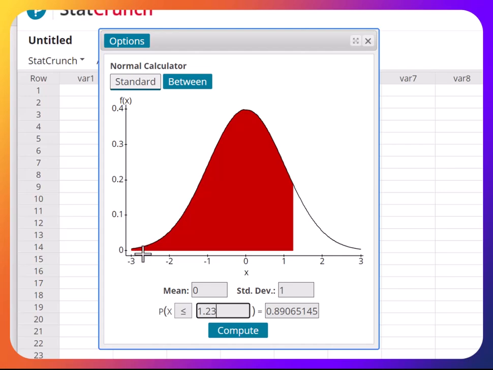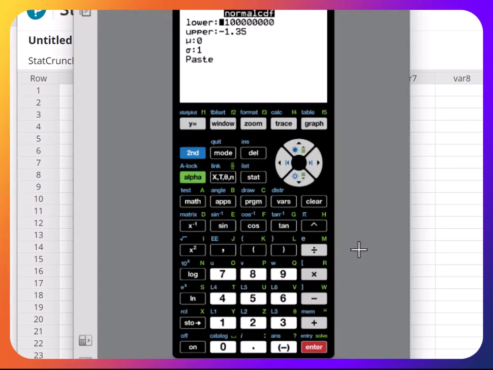So the lower bound here, it never ends right here. So we have to put negative infinity. But instead of putting negative infinity, if we use a calculator, we're just going to put negative a million. And if the red shaded area extends to the right, then it's going to be a positive million.